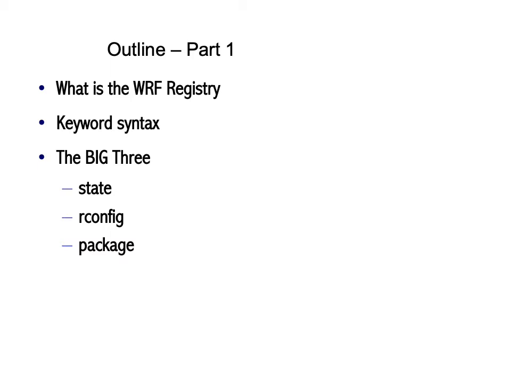We'll go over what the registry file is, where it's located, the way that the registry works via the syntax, and then go over the important 3 keywords that are used in the registry for nearly all modifications to the WRF file. Part 2 of this presentation is utilizing the information from part 1 and going through a list of examples.